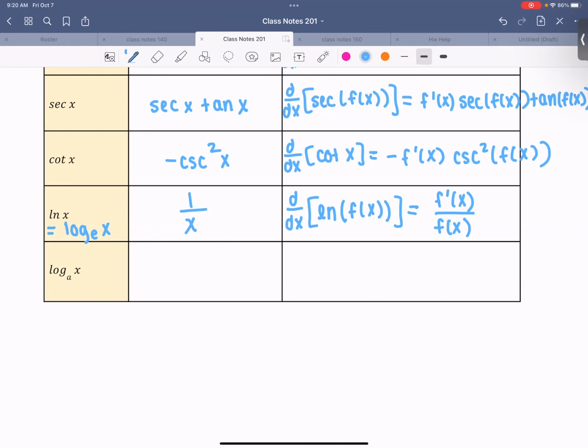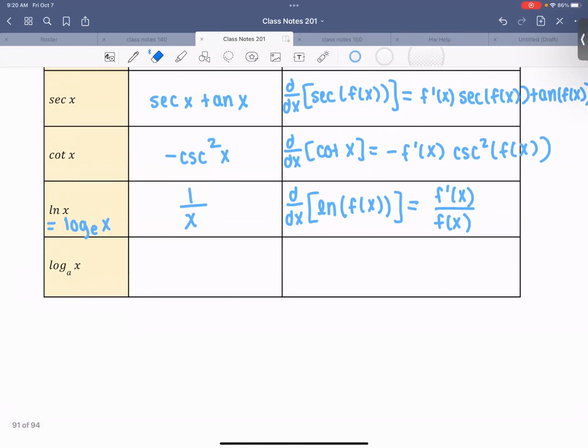So the chain rule says take the derivative. I'm going to do a little example here, and you don't have to write this down because I'm going to erase it later. Let's do the natural log of 2x.